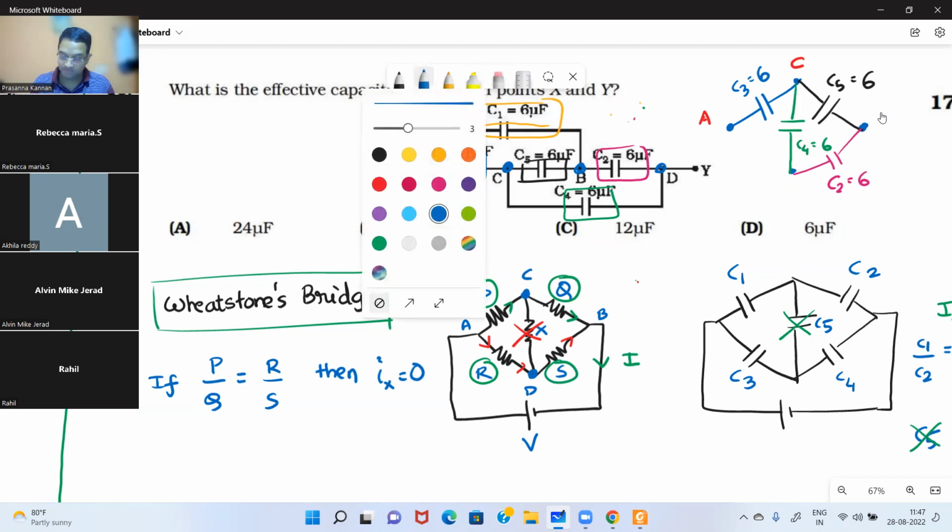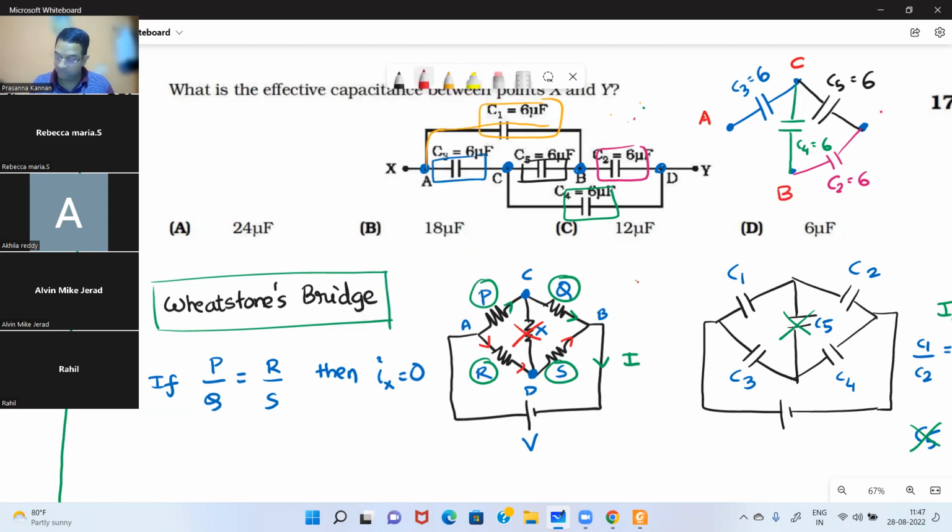This point is B and this point is D. So finally, from A to B, there is one capacitor, which is going to be called C1, which is 6 microfarad.